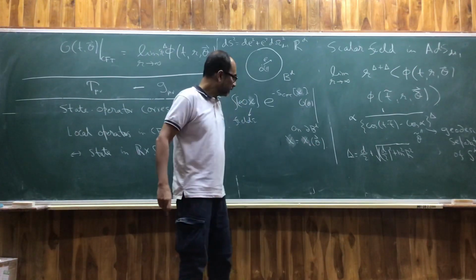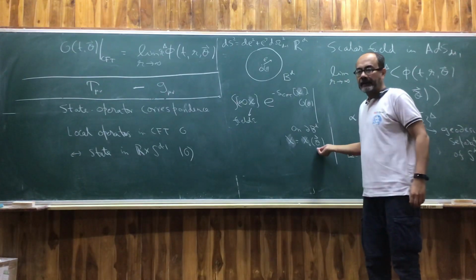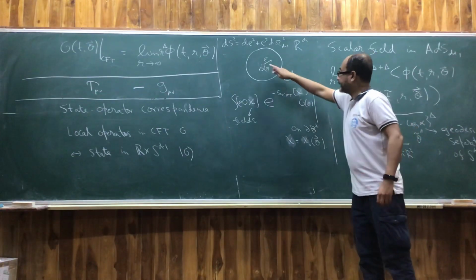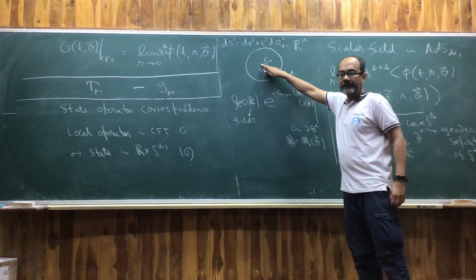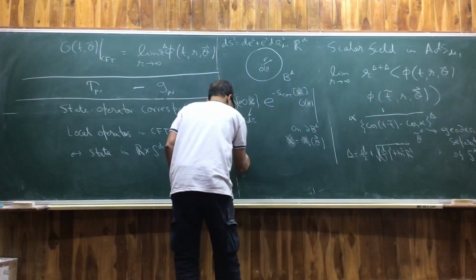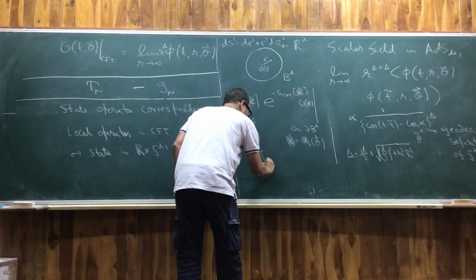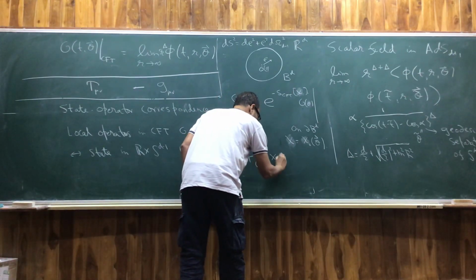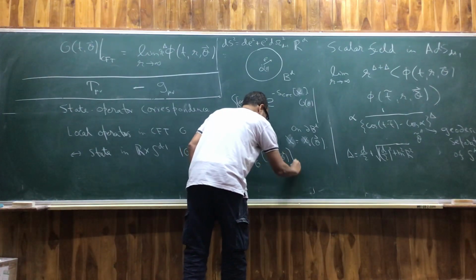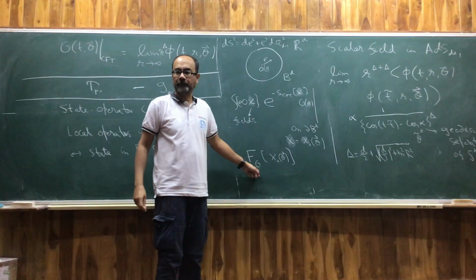What is chi 0? Some given function, chi 0 of theta. And O of 0? The 0 is the origin of the space. So this gives you what we call some F_O of chi 0 of theta, a functional of chi 0 of theta, but the functional depends on what operator O you have chosen.